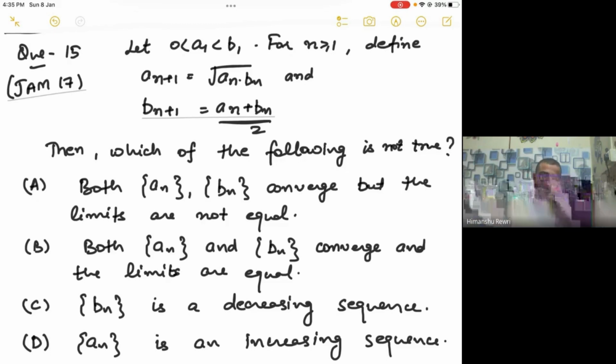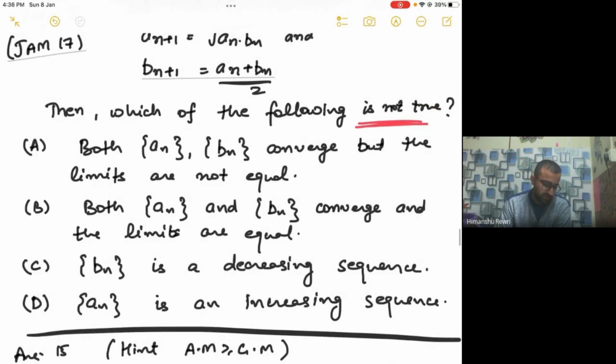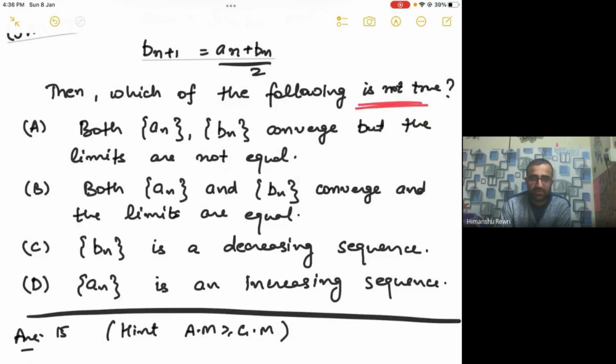Which of the following statements is not true? Option A: both An, Bn converge, but the limits are not equal. Option B: both converge and the limits are equal. Option C: Bn is a decreasing sequence. Option D: An is an increasing sequence. This is an easy question, and the hint is that you can use arithmetic mean is greater than geometric mean.